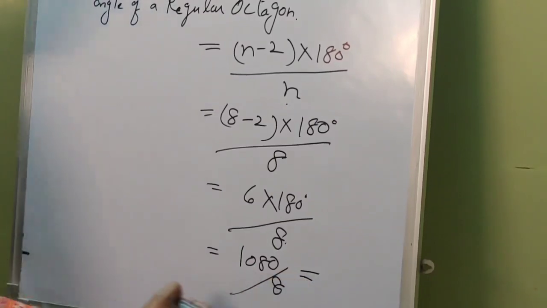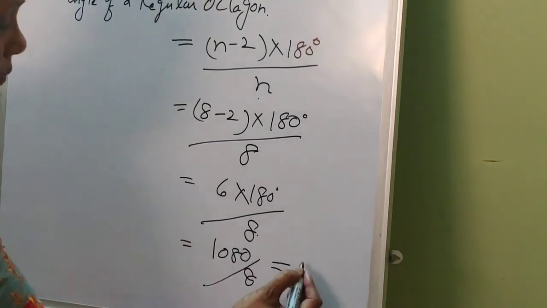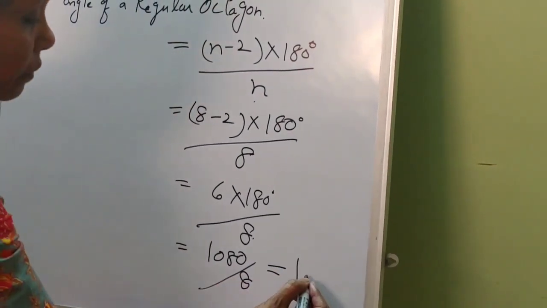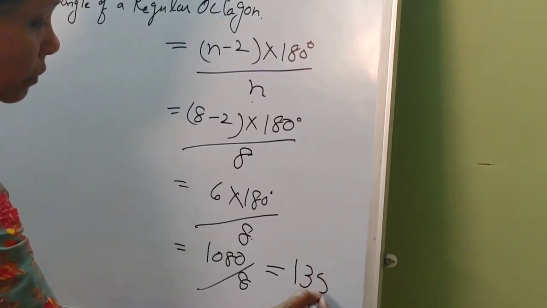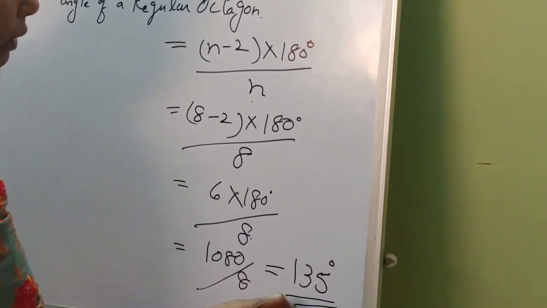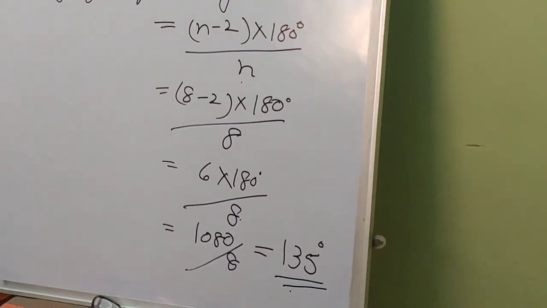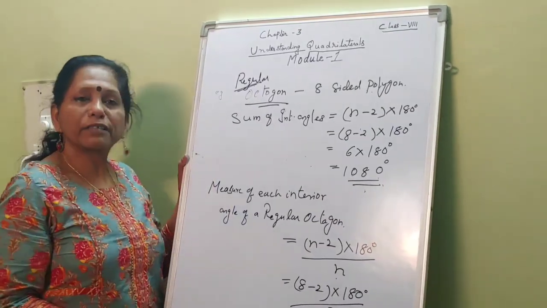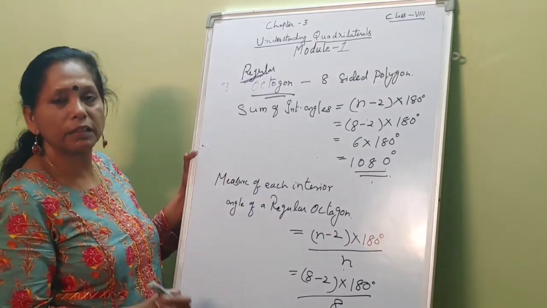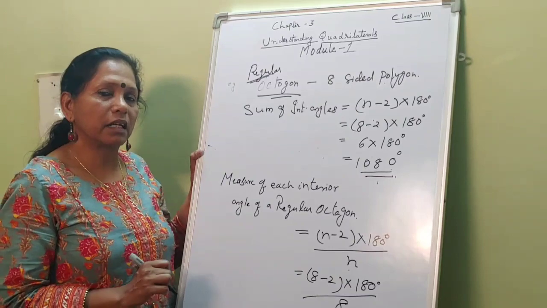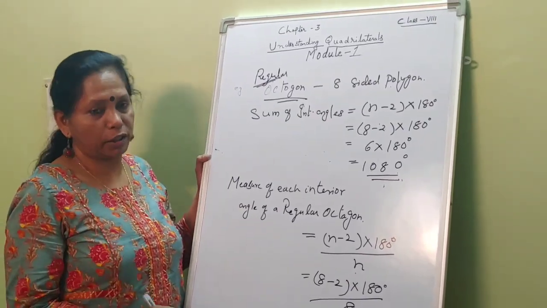You can find out the answer, and it comes out to be 135 degrees. So now we have seen how to find the sum of interior angles as well as the measure of each interior angle of a regular polygon.